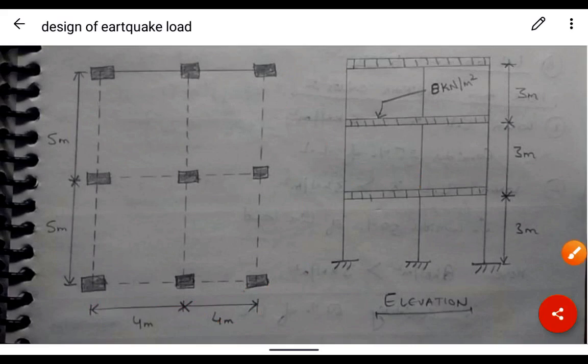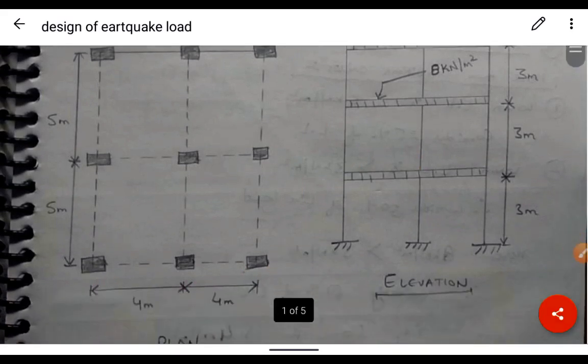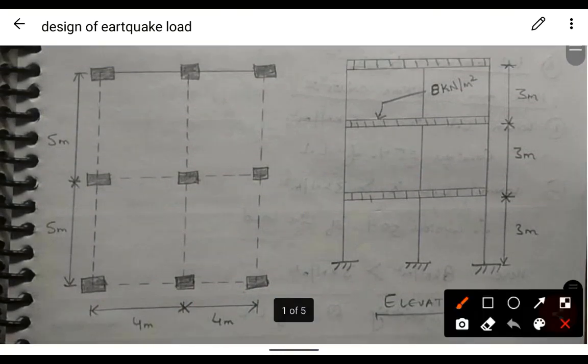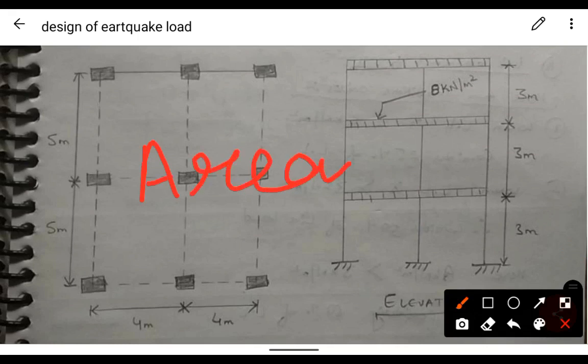So I need to find the plan area. Actually it is going to help us in our question ahead. We need to find the plan area, so we are doing this right now.